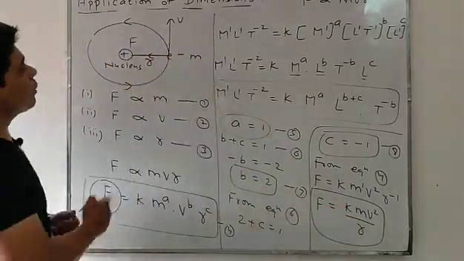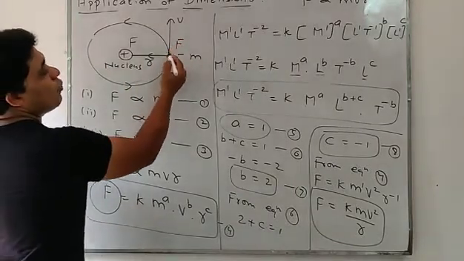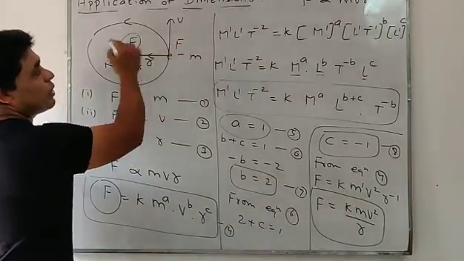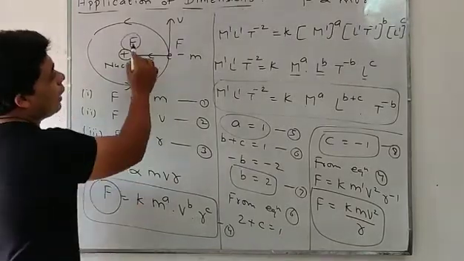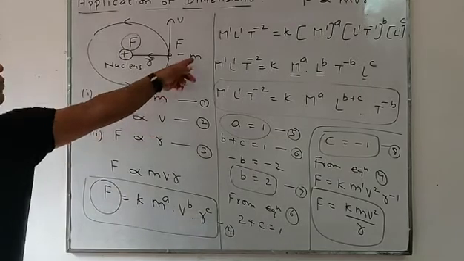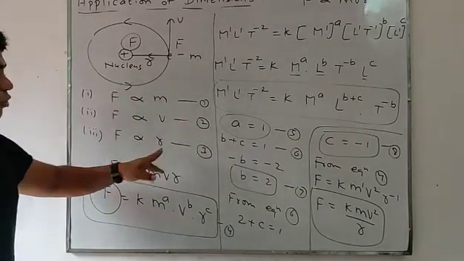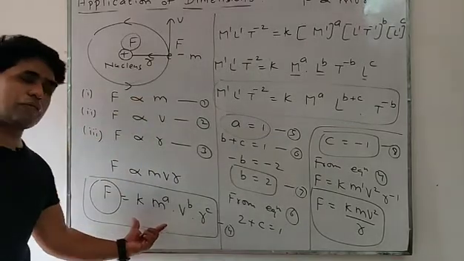We were only given that an electron is revolving in a circular path and a force is working towards the center, that is called centripetal force, and this centripetal force depends on 3 components. Force depends on the mass of the electron, force depends on the velocity of the electron, and force depends on the radius of the circular path. We combined and got a form.